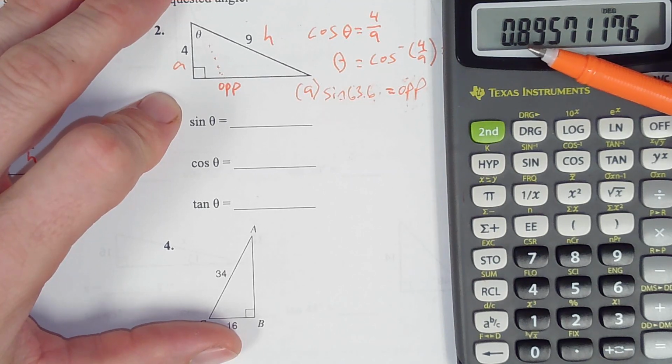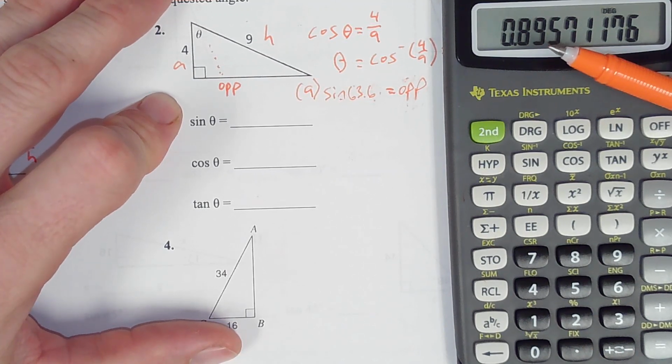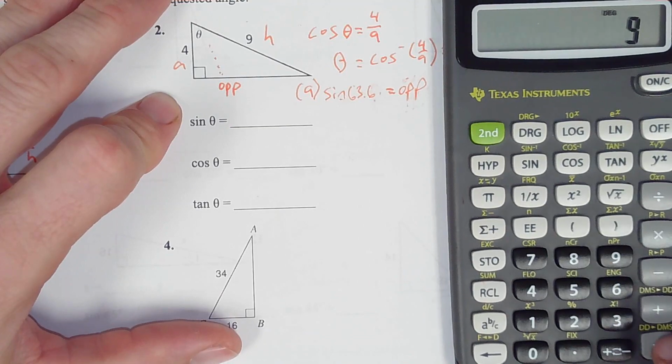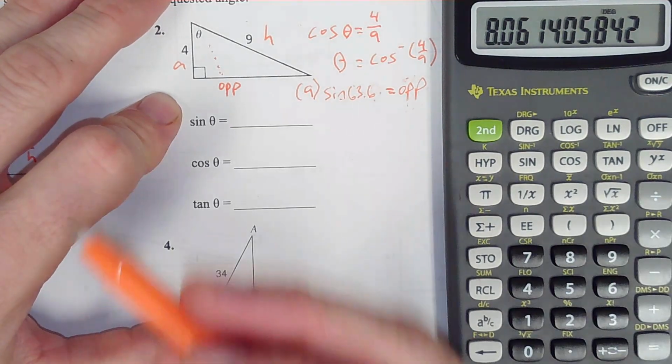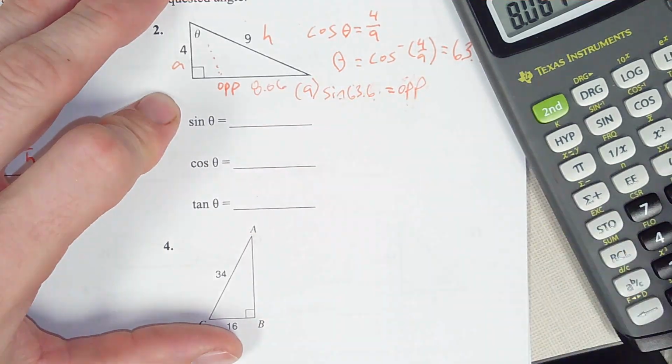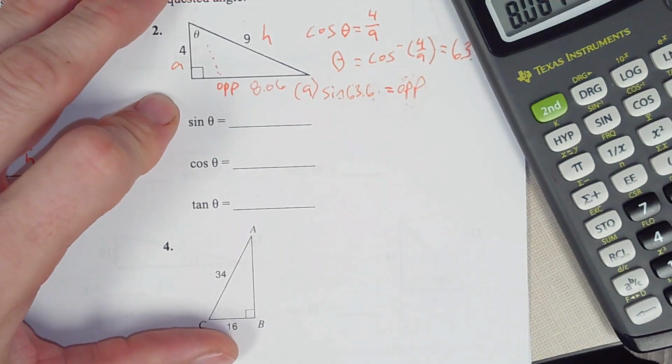Right? If you say this is a percentage sign, this is like 89.5%. And if I multiply this by 9, it's going to make that value smaller. So this is like 8.06-ish. Okay?